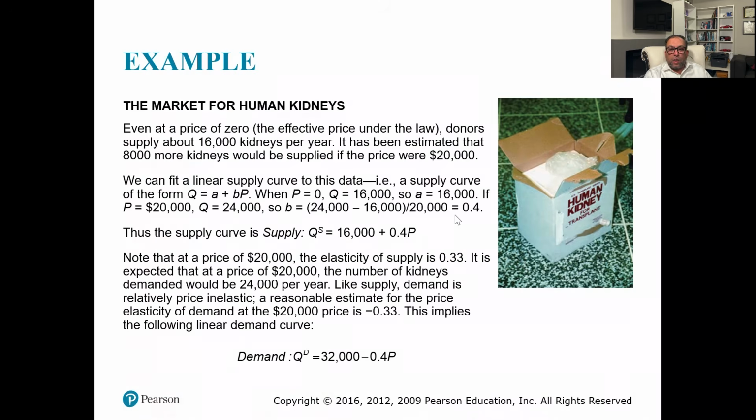A very practical example is given here, for when the price is set above the equilibrium or below the equilibrium: what is the impact? Here is an example, and it's a very sensitive one, the market for a human kidney.